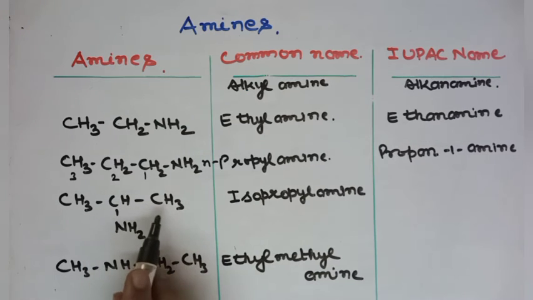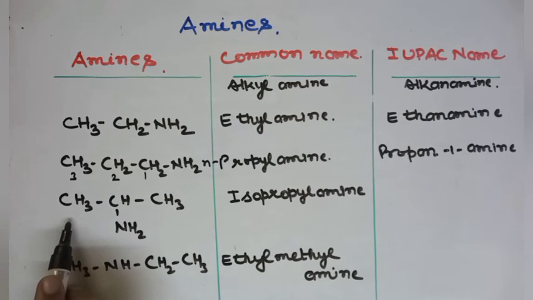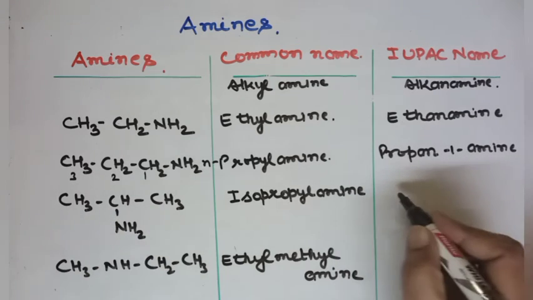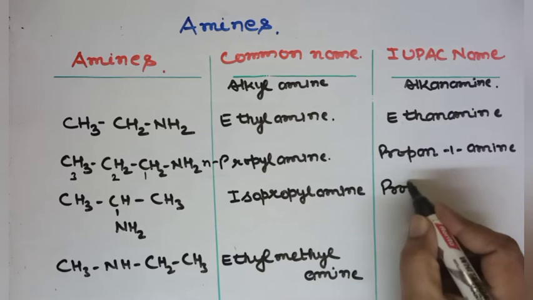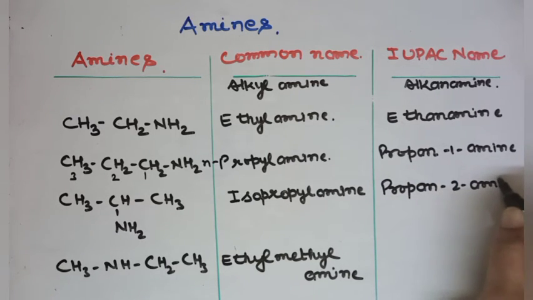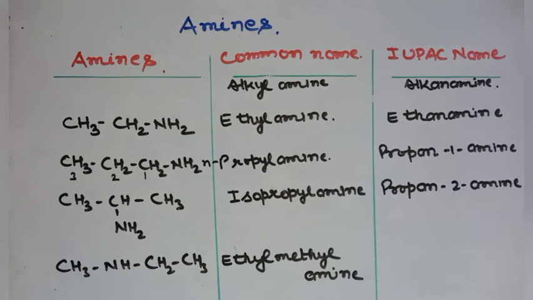In the same way, this one has 3 carbon atoms, but here the NH2 group is connected to the second carbon. So its name will be propan-2-amine. And the next one is, now on the left side we have only 1 carbon atom. On the right side we have 2 carbon atoms.